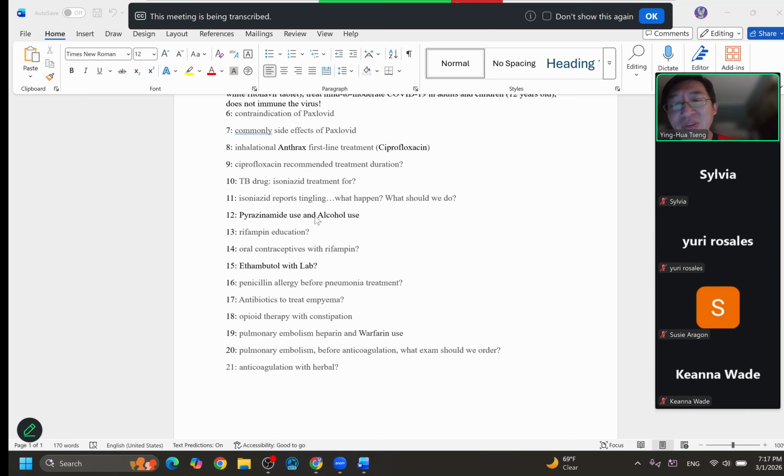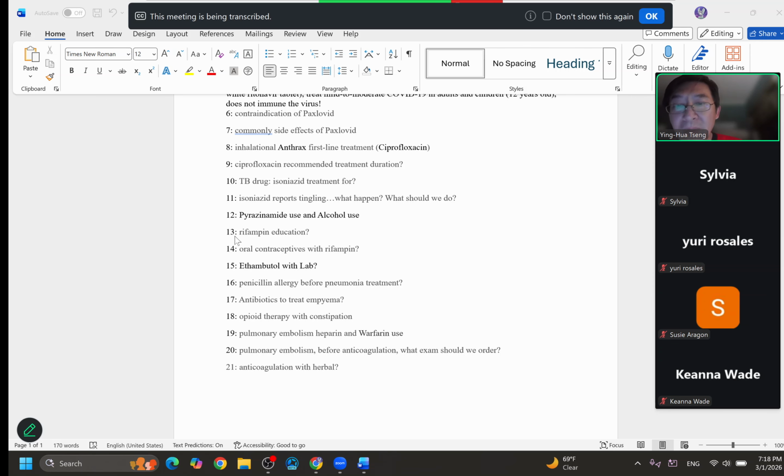Because this medication is already going to cause liver toxicity, and you're still drinking. If you're drinking and also taking this medication, I'm sorry, I think your liver is going to die so soon. So we need to monitor the liver and also tell the patient, please do not use alcohol when you're taking this medication, especially if you have TB already. Why do you still drink?